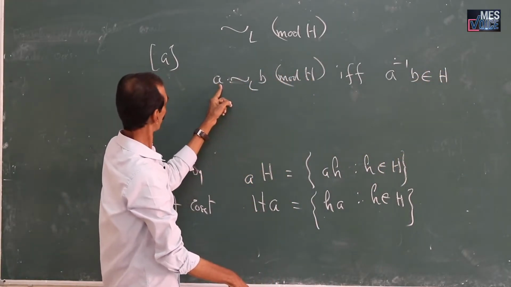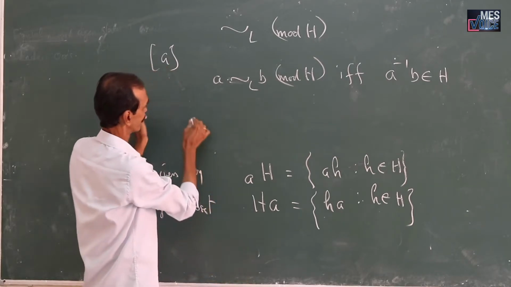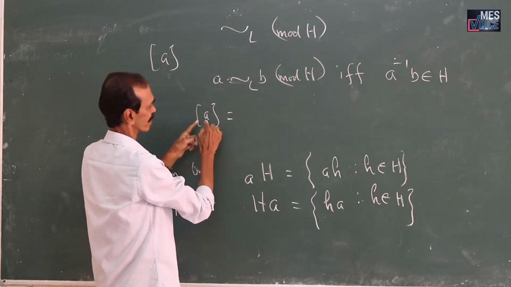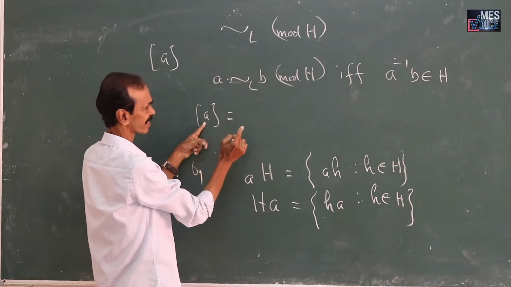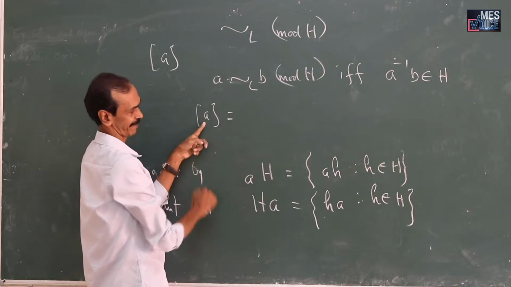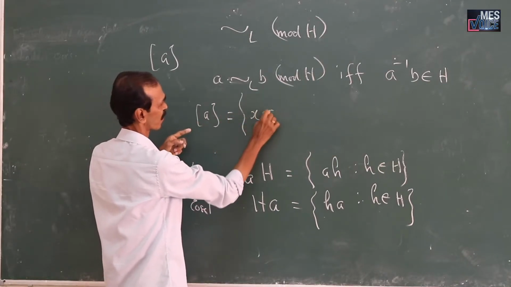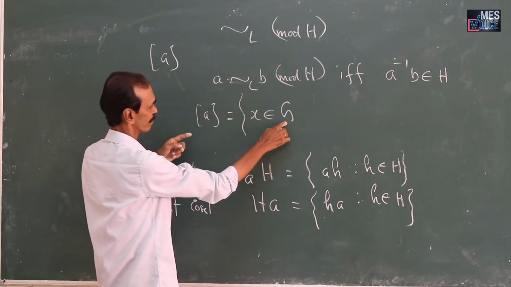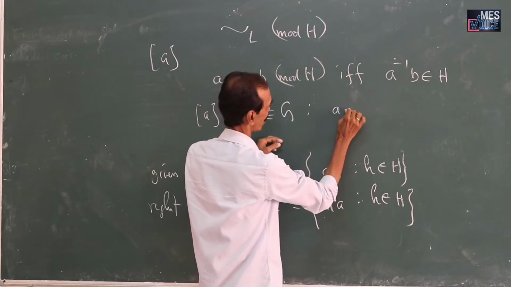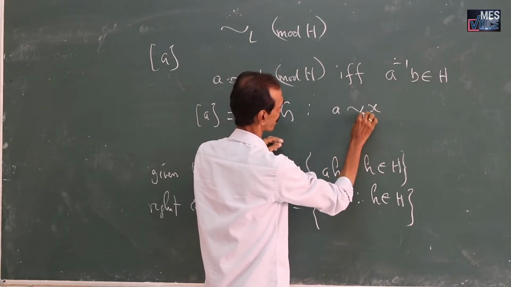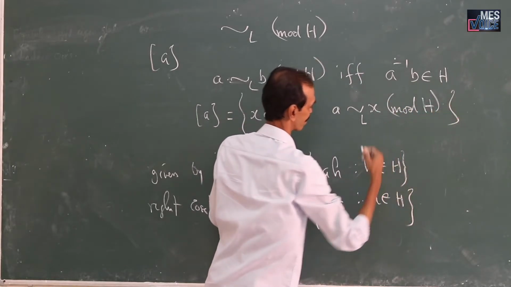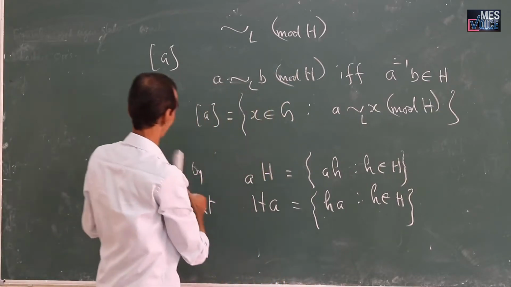Here, this is the equivalence class of A. So, let us write what the equivalence class of A is. By definition, it is the set of all elements of the set under consideration, that is the group, which are related to the single element A. Here, it is the set of all x belonging to G, G being the full group, such that A is left congruent to x mod H. What does it mean?